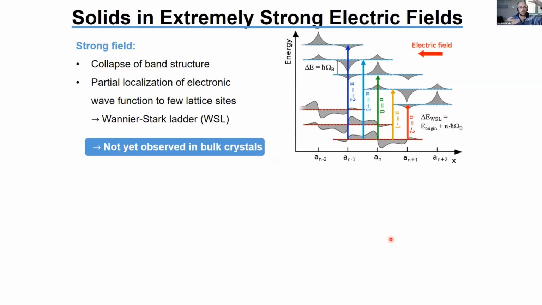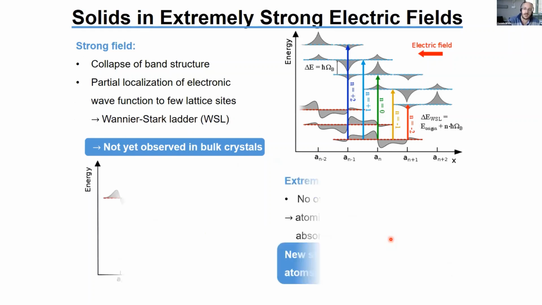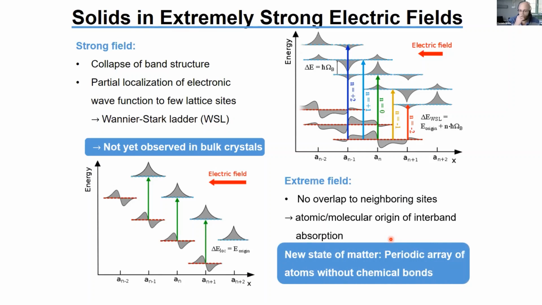So you start to have individual atomic lines on a single chain, because they cannot be delocalized anymore on the full chain. This is called the Wannier-Stark ladder, which was not observed in bulk materials. And at extreme fields, you're going to disrupt the material completely and have simple atomic absorption.